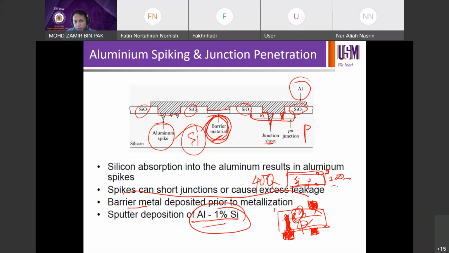If you compare to the 400 micron, of course, right? So this is only 200 nanometer, okay, nanometer. 1,000 times smaller in magnitude if you compare to 400 micron, right? 10 to minus 9 versus 10 to minus 6. So in that case, if you have spiking on the front, maksudnya ada possibility for the junction short to happen, right?